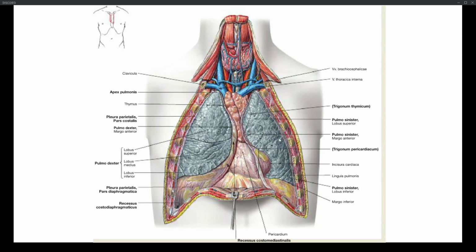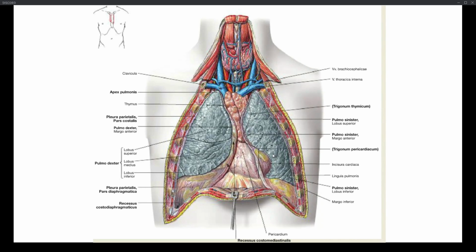Okay, where is it located? You can find this trigonum pericardiacum beneath the fourth rib, and if you want to do this intracardial injection, you would go next to your sternum, the breastbone, and beneath the fourth or fifth rib, and there you can do it.